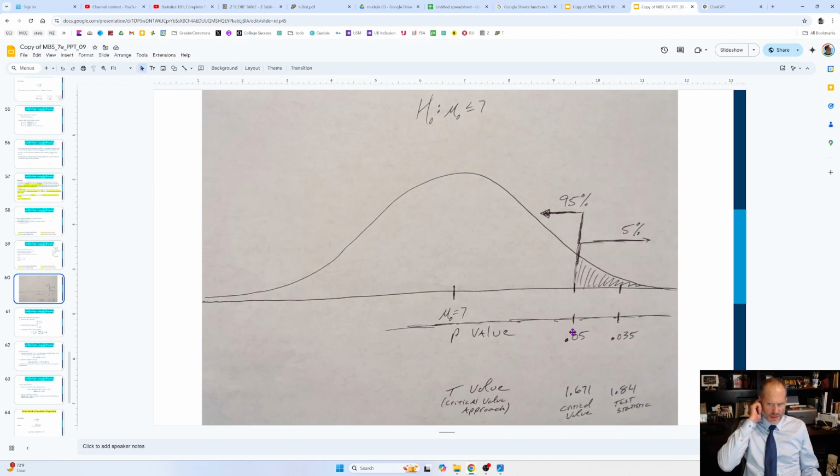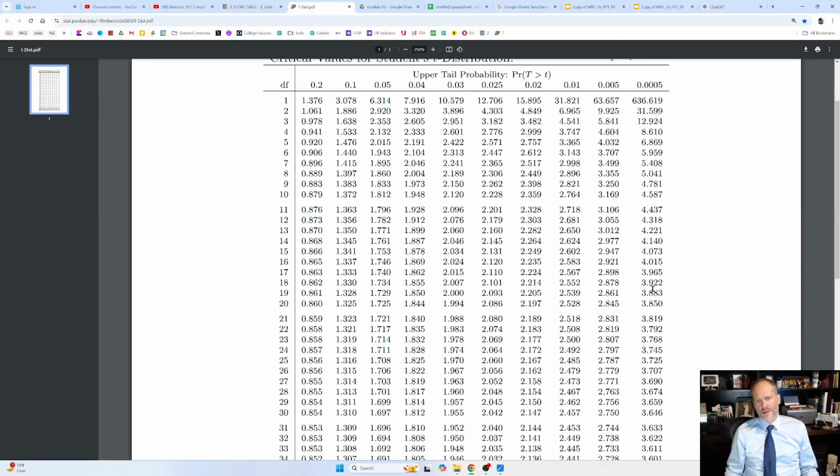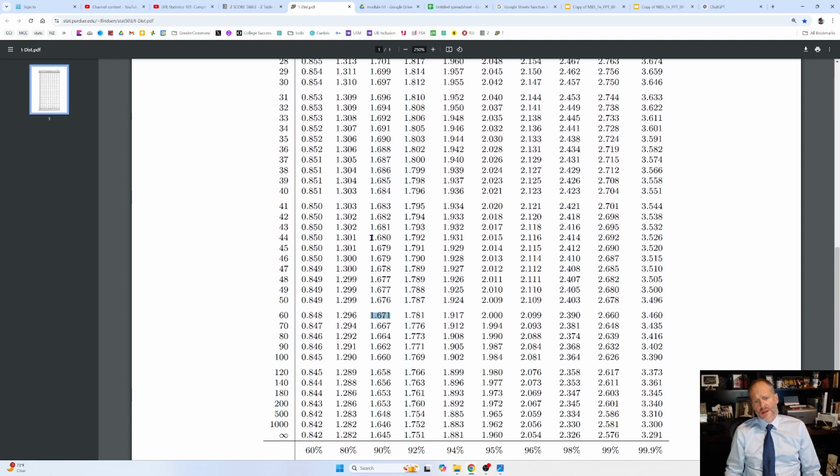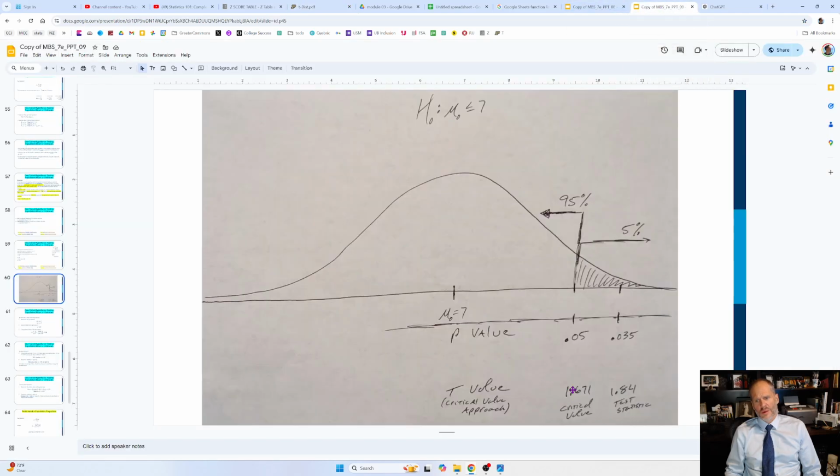And at 0.05, we need to somehow get to our critical value of 1.671. So here at the 0.05 in the upper tail, if we follow that down to 60 degrees of freedom, we get 1.671 right here. And so that 1.671 is that critical value.